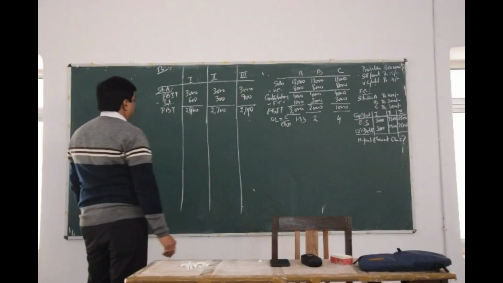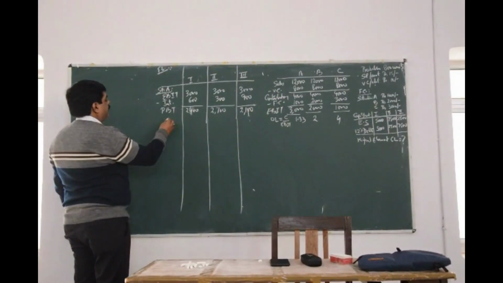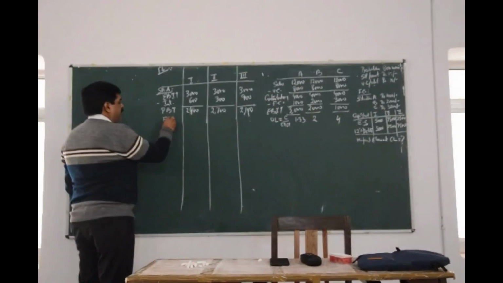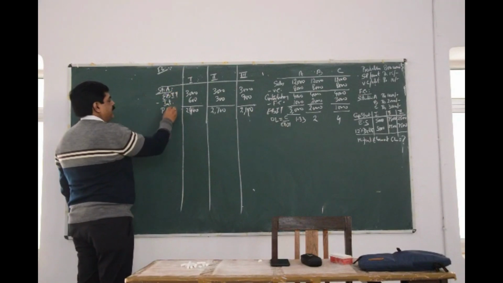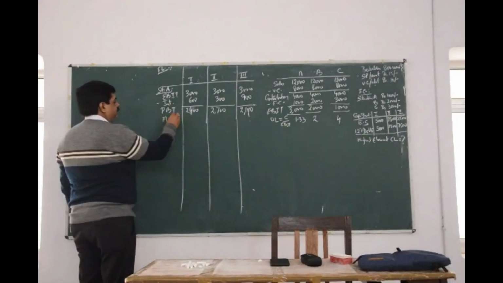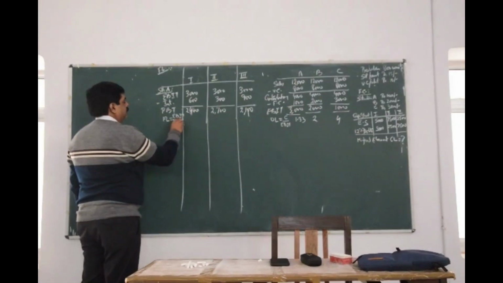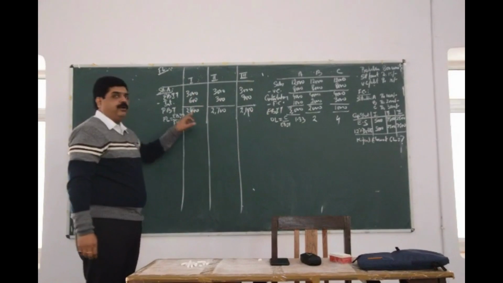Or rather say, first of all we can calculate the financial leverage. Financial leverage means EBIT upon PBT. 3,000 upon 2,400.